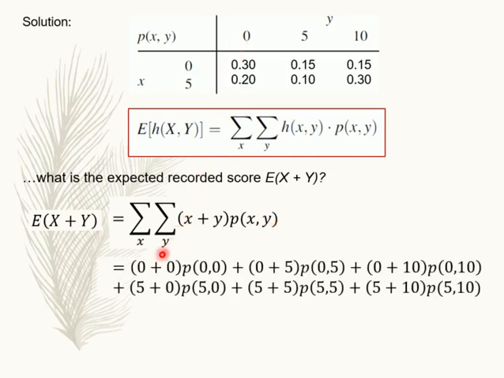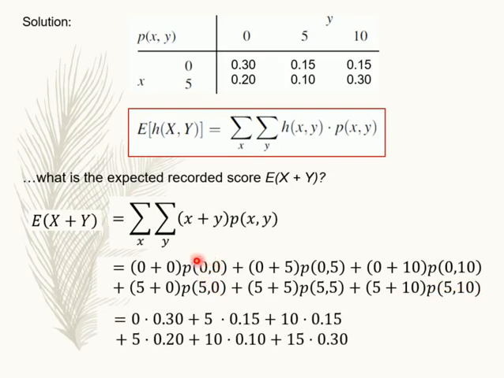So I've put 0 in place of x, 0 in place of y in both of these terms. The next one is 0, 5. So you do the same thing. All the way to the end, you have x is equal to 5, y is equal to 10. I've done the same thing here. So it's just the same thing over and over again.